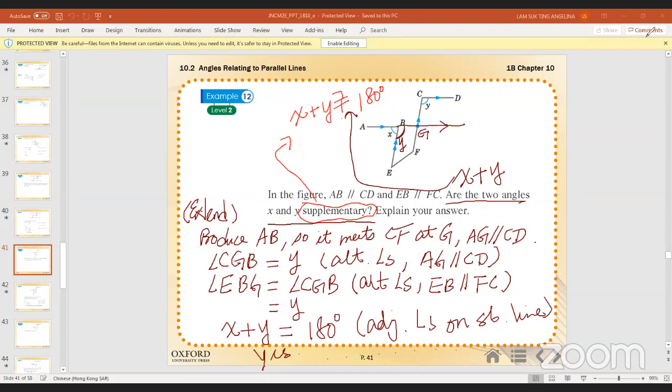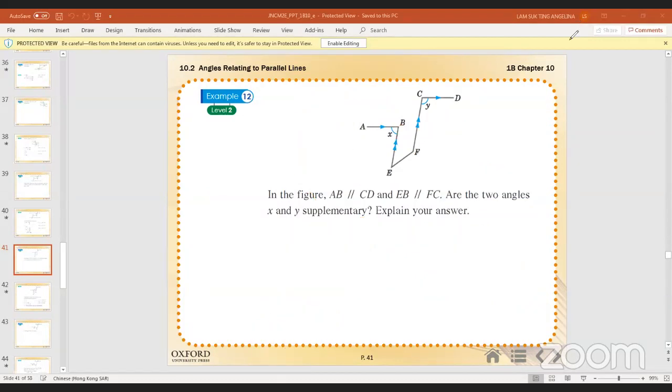Now here, I clear the writing first. Just be careful with this part, because when we first look at it, these two are the interior angles. We may have a very first impression that Y is here, X is here, and therefore X plus Y is 180 degrees because they are interior angles. Be very careful.